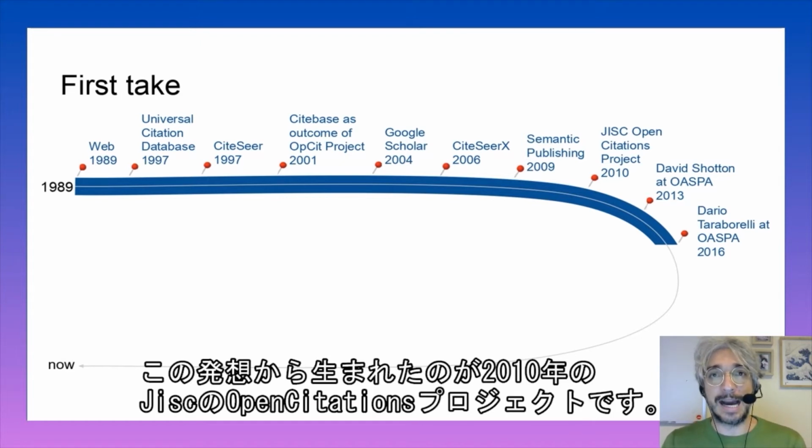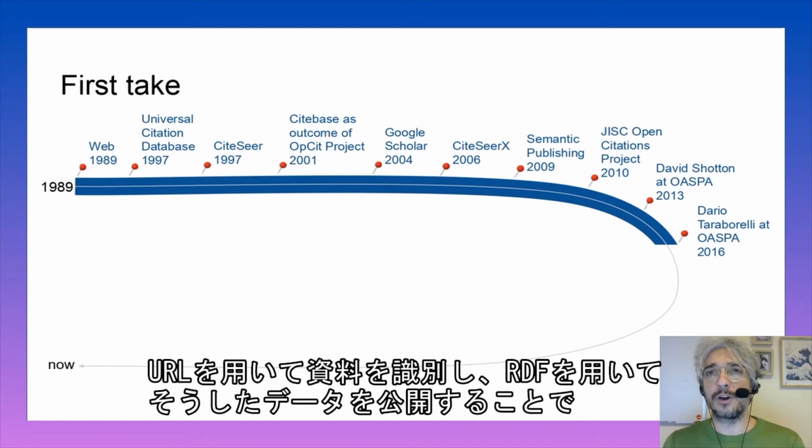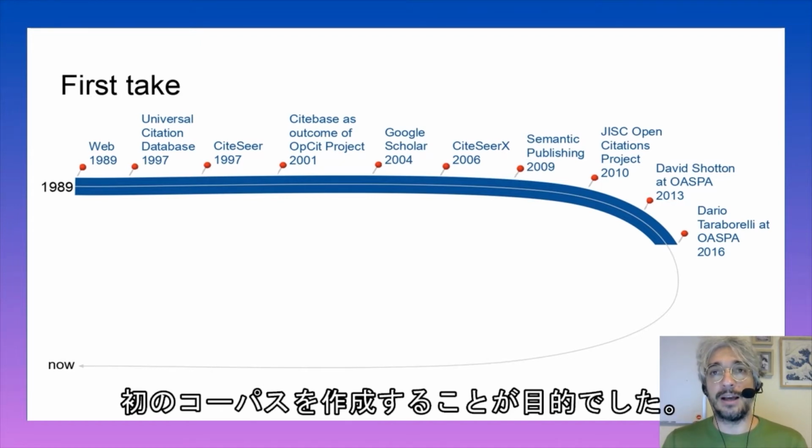This idea led him to the JISC Open Citation project in 2010, a year-long project with a subsequent extension that aimed at creating a first corpus of open citation data entirely available on the web by using URLs to identify resources and RDF to expose this data to the public.